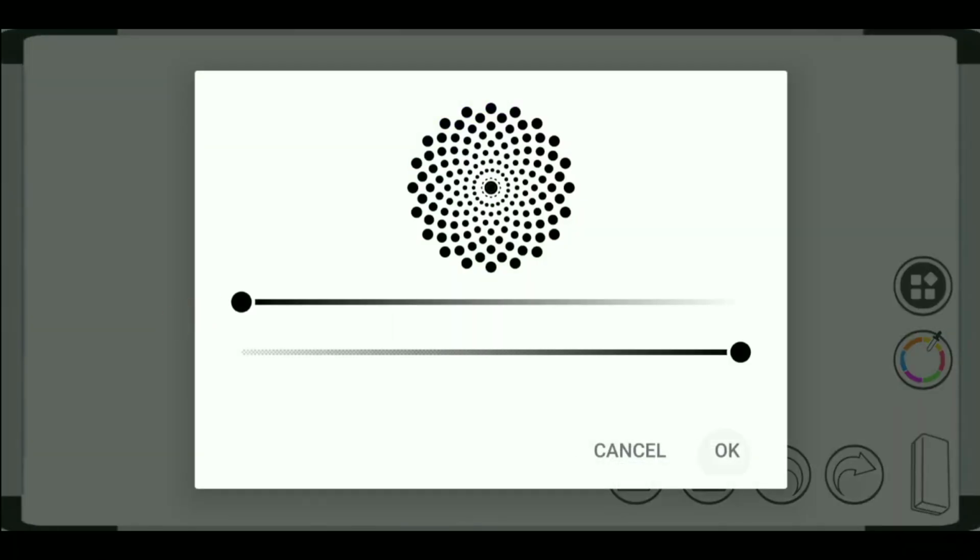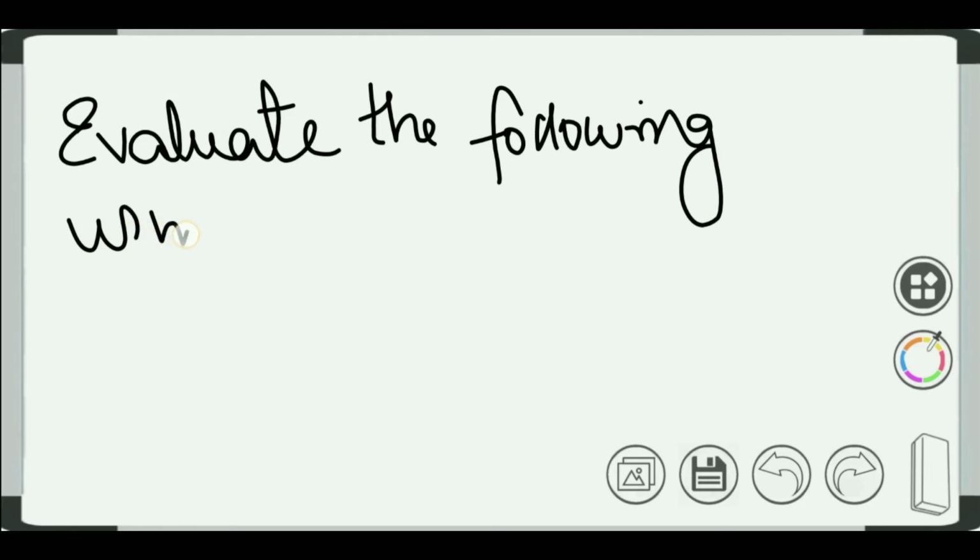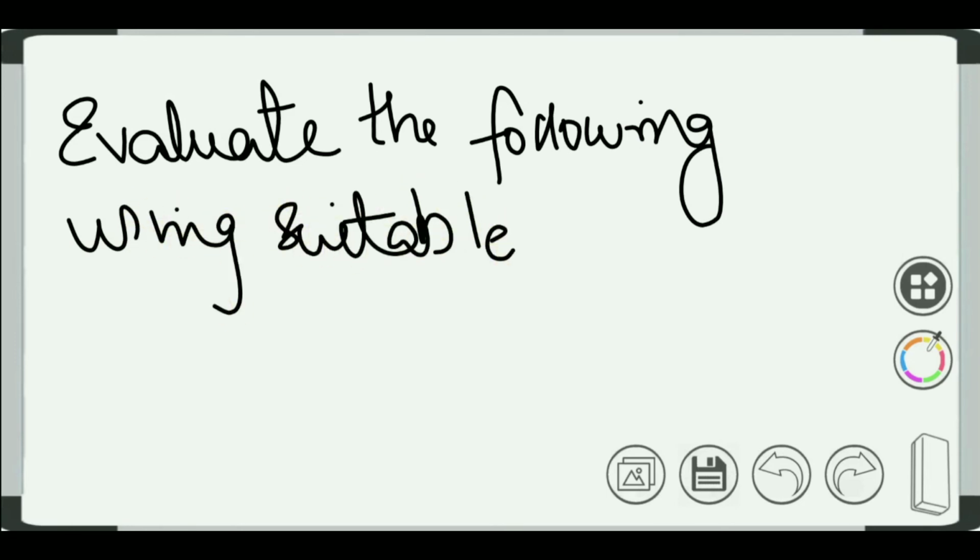Another important thing which I need to tell you is, if you get a question like this, evaluate the following using suitable identities.